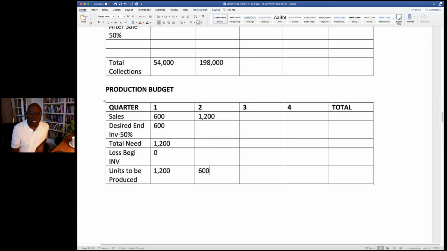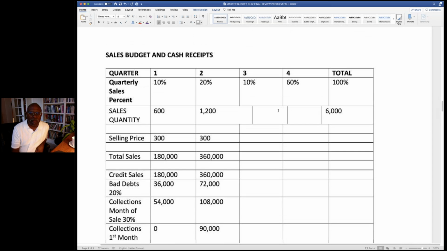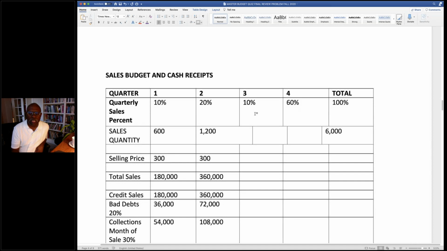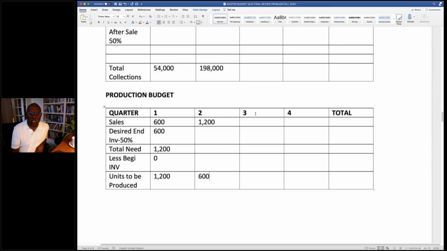Now, it might be helpful if we could look up here and say, okay, in the third quarter, we sell 10%. And so this number is going to be 600. That's the way I did it, Professor, but I don't think it'll work. So I got 300.